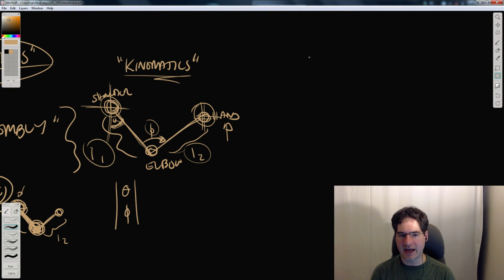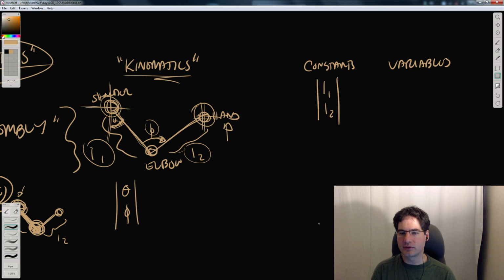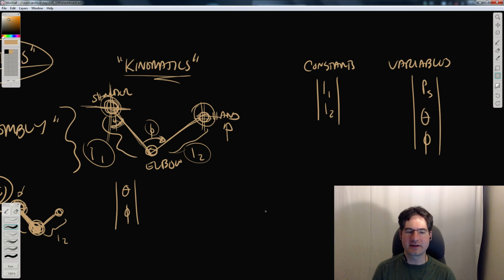We could think of this as having sort of constants and variables, right? The constants are the L1 and the L2, right? And the variables we might say are theta and phi, but I might also include the position of the shoulder, right? Because if this can move around, then technically that's an input.